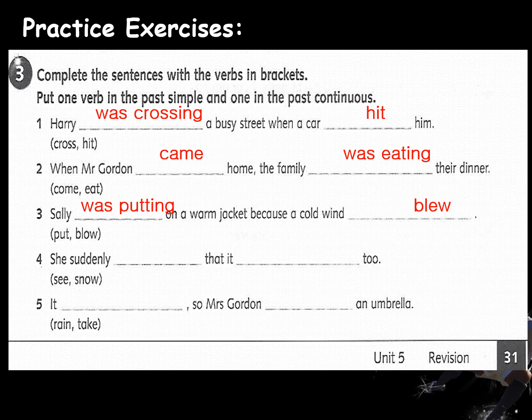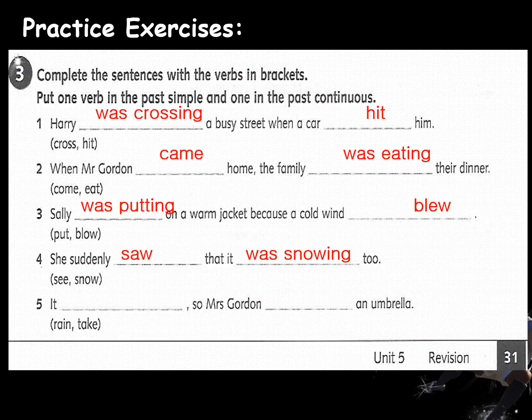Let's move on to the fourth one. She suddenly blank that it blank too. So, can you write your answers, please? Okay, it's time to check your answers. She suddenly saw that it was snowing too.